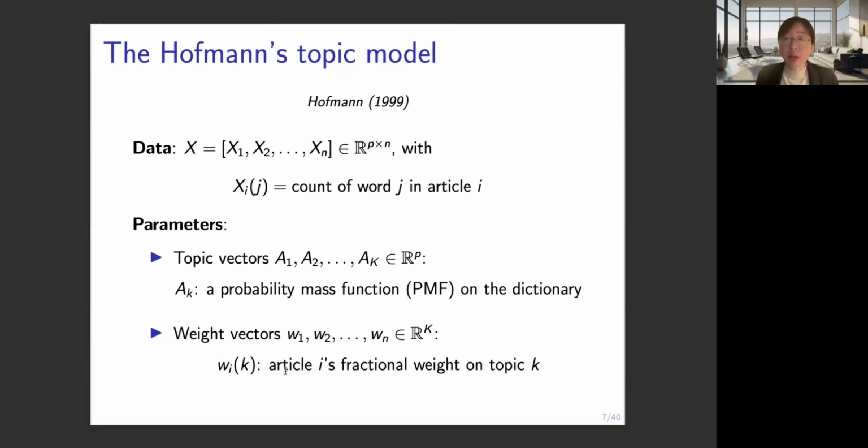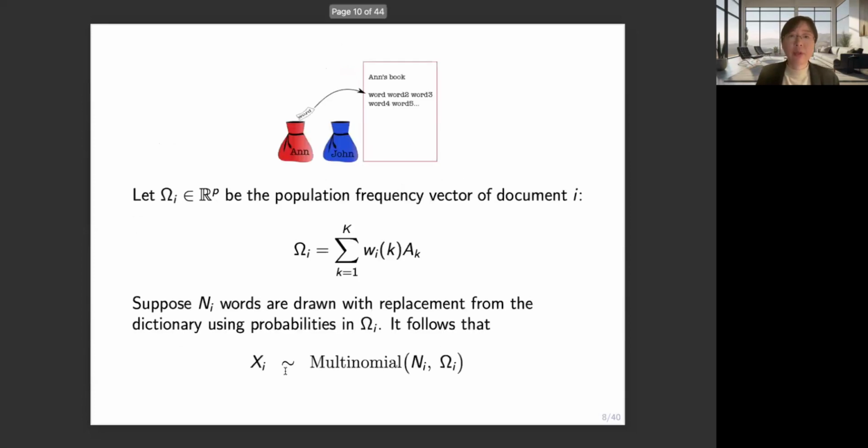Given these parameters, how do we assume the data generating process? We think that each document has its own population frequency vector, omega_i. If this document is 100% in one topic, then omega_i will be equal to one of the topic vectors, A_k.